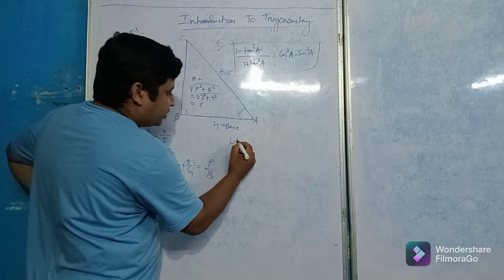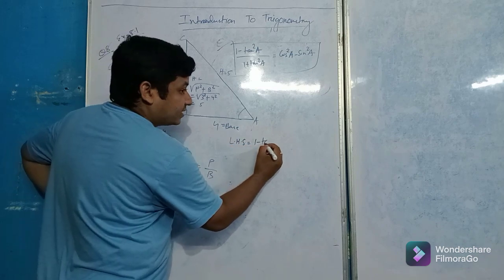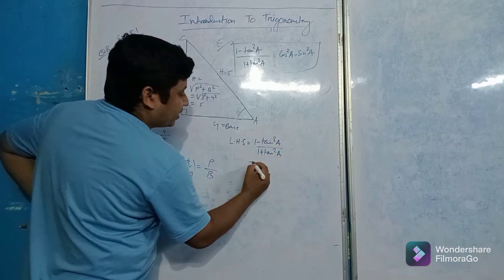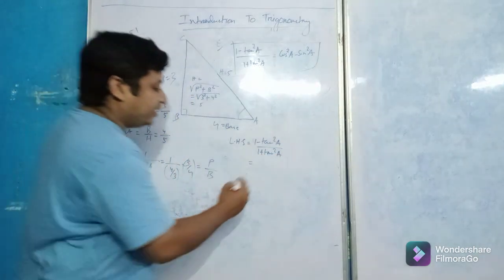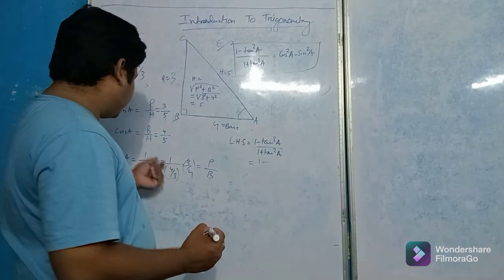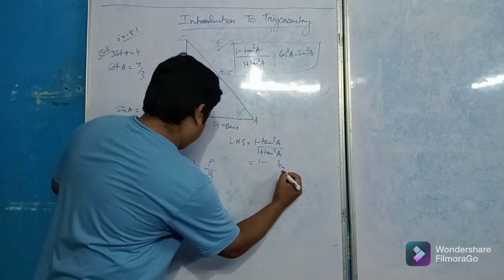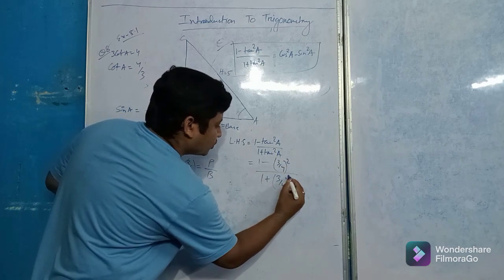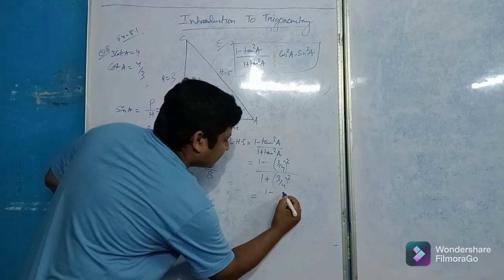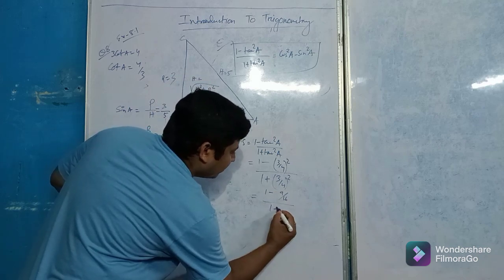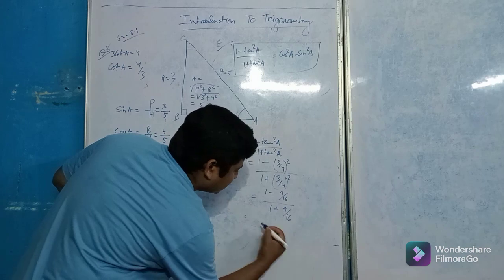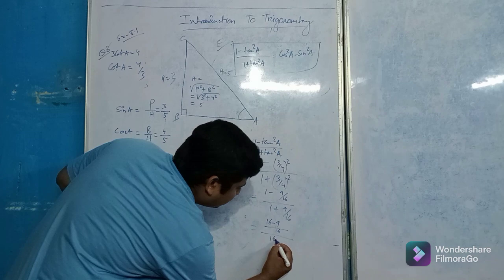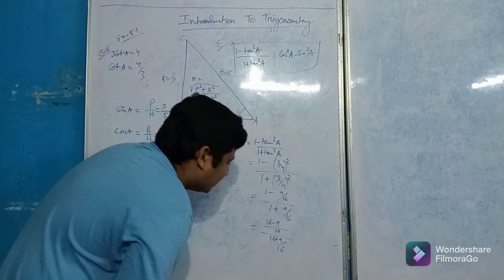So let us take LHS equals to 1 minus tan square A by 1 plus tan square A. Tan A value will be putting 3 by 4 square by 1 plus 3 by 4 square equals to 1 minus 9 by 16 by 1 plus 9 by 16 equals to 16 minus 9 by 16 by 16 plus 9 by 16.